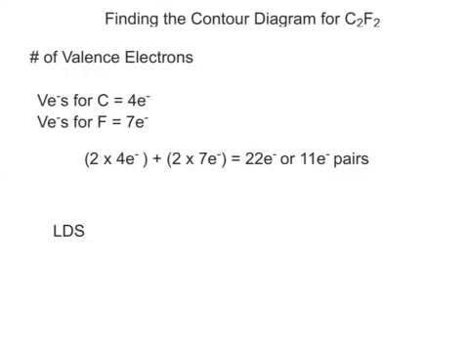So we can start with a carbon and next to it another carbon. We also have to take into account that we have two F's. So we put an F to the side here and another F, and we start putting in the appropriate amount of bonds. And then let's not forget that we have 11 pairs.